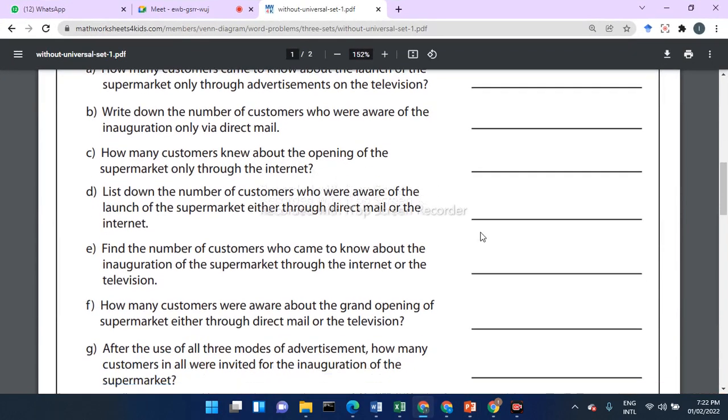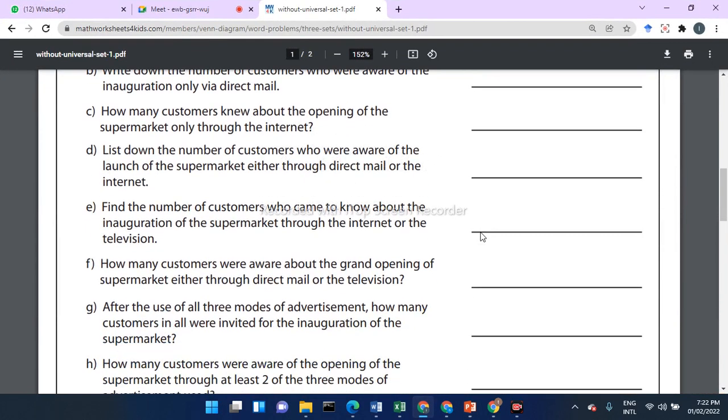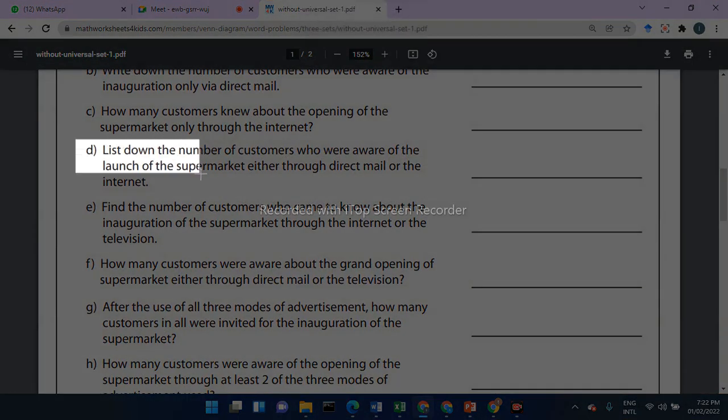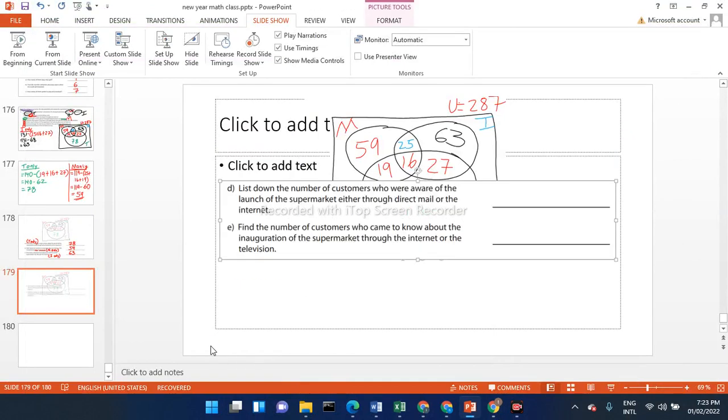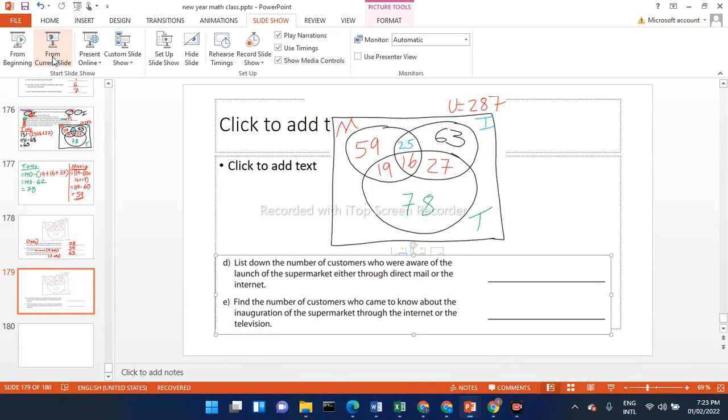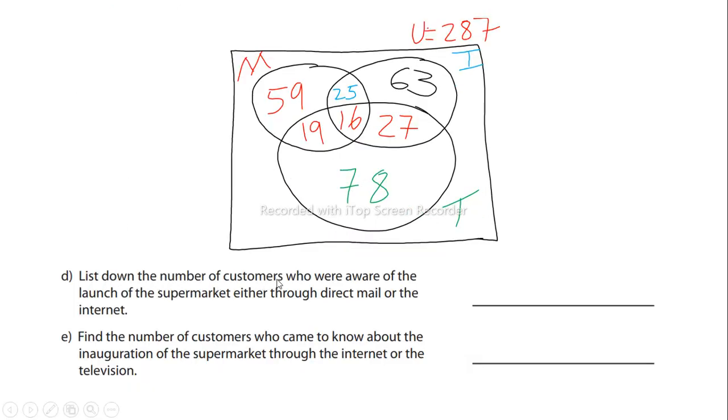So D and E: list down the number of customers who are aware of the launch of the supermarket, either through direct mail or the internet. Would that be 19, 16, and 27?